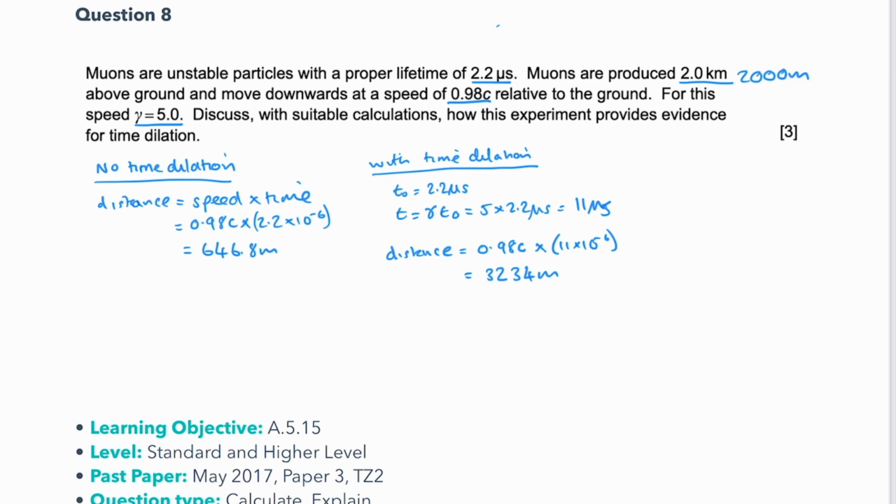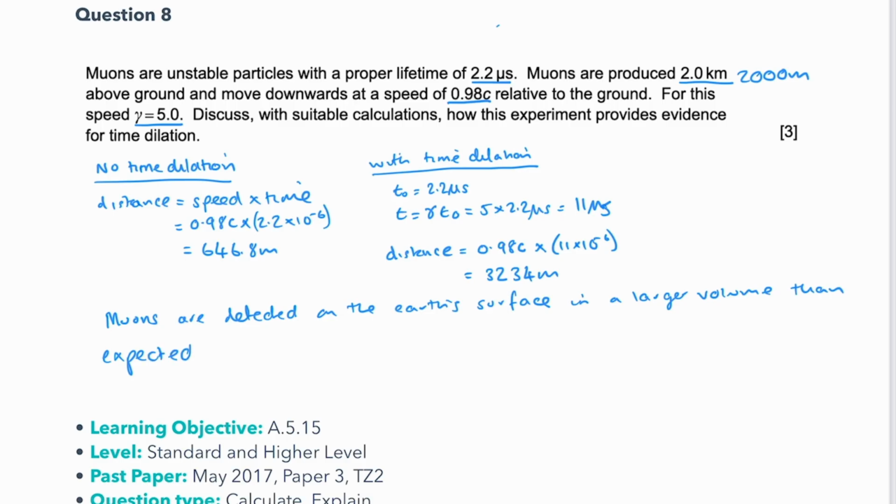How does this experiment provide evidence for time dilation? Muons are detected on Earth's surface in a larger volume than expected. Without time dilation, most muons would decay before reaching the surface.